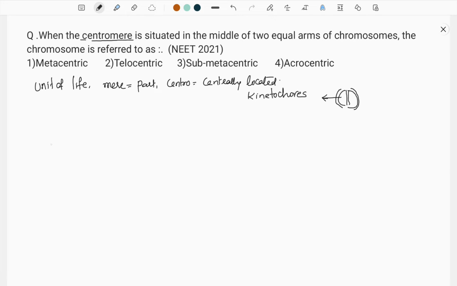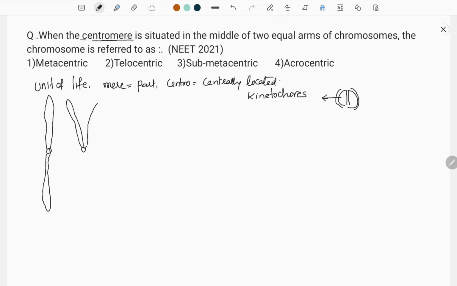Actually, when you see a chromosome during the early prophase, it contains only the two arms. But when it comes to the end of prophase, the same chromosome will have two chromatids.